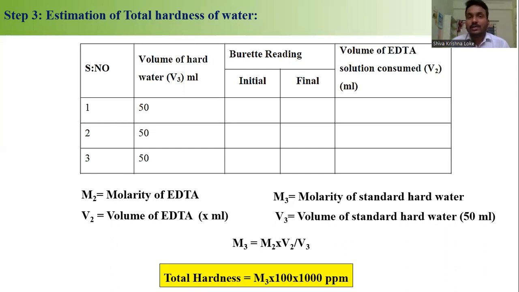In general, if you are determining hardness of water in terms of CaCO3 equivalence, this 100 is related to the molecular weight of CaCO3, that is 100. This hardness of water sample we prepare for 1 liter, and we always have to take ppm as the unit, so we should multiply with 1000. So finally, the equation is molarity into 100 into 1000. By this equation, we will get the total hardness of the given water.